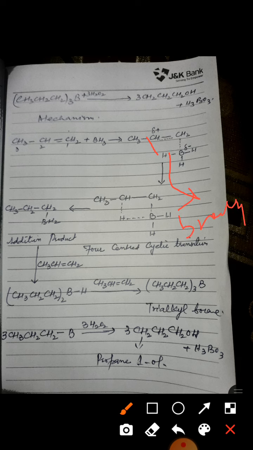This bond starts breaking here, and this bond also starts breaking. This double bond breaks to form single bond, and here this bond starts forming. That is, we get 4-centered cyclic transition state.